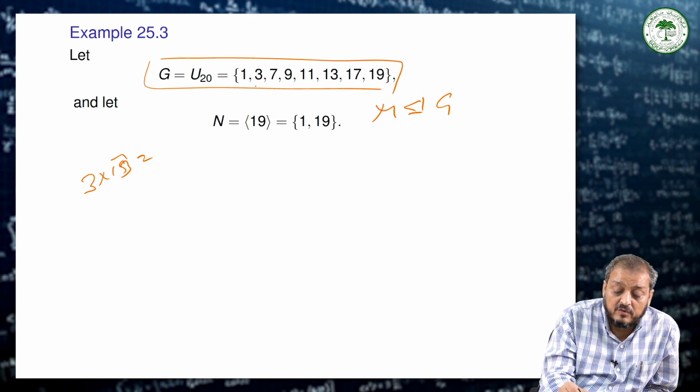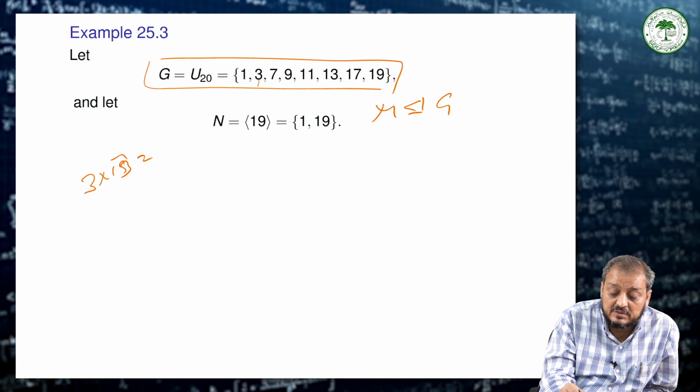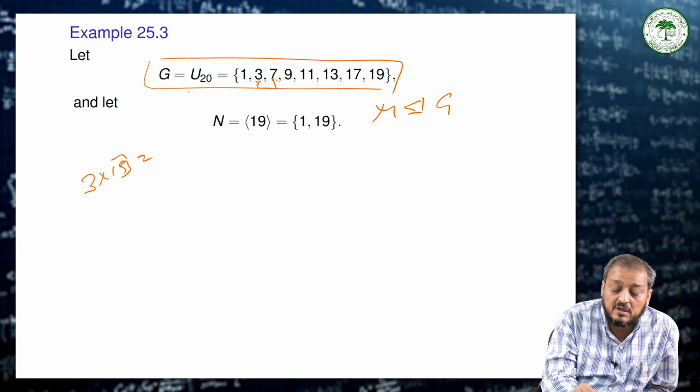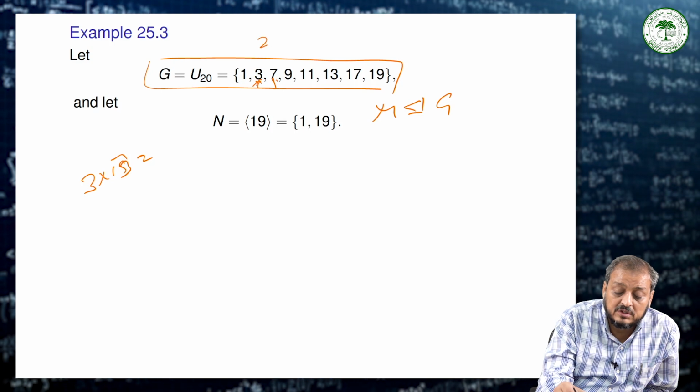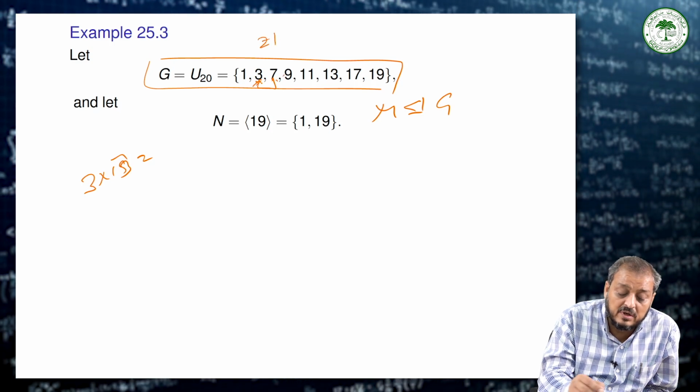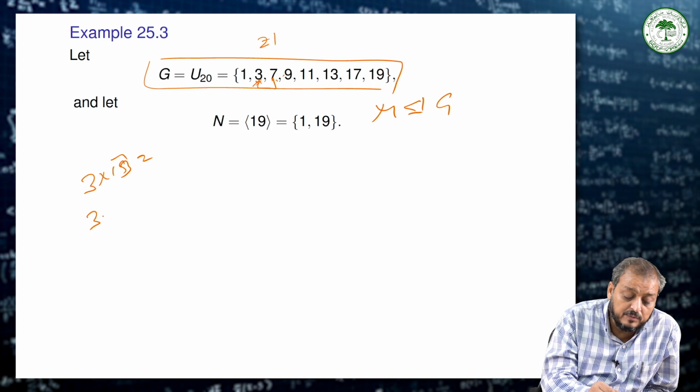The inverse of 3 is 7, because 3 times 7 is 21, which gives the identity, so 7 and 3 are inverses of each other.